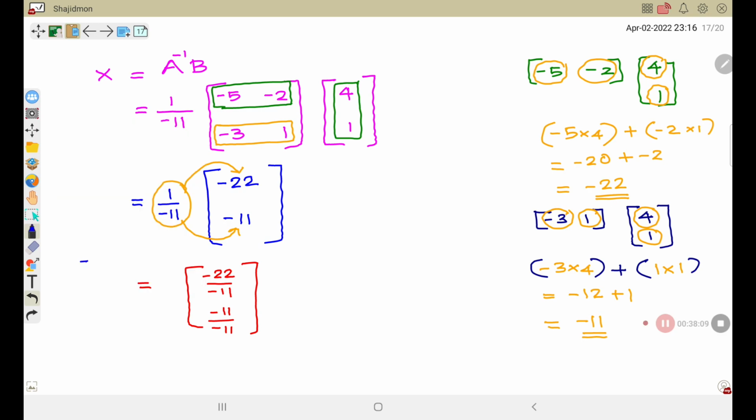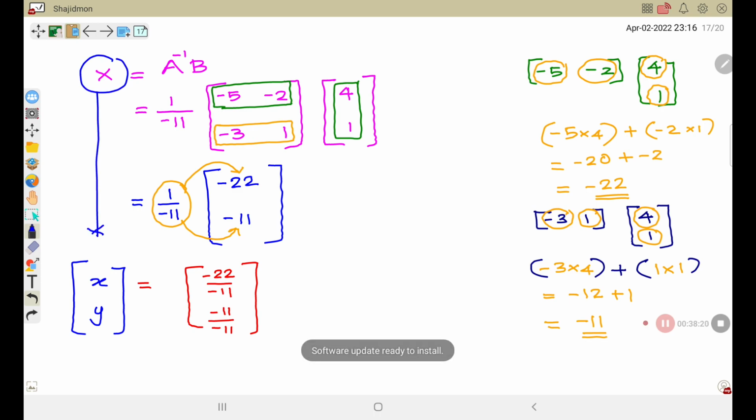Now what about the left side? On the left side you can see it is capital X. Capital X means X and Y. Now what will be the answer here? Simplifying, the matrix is minus 22 over minus 11 means 2, minus 11 over minus 11 means 1.